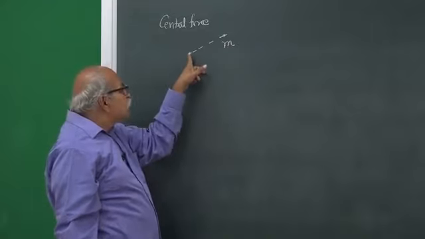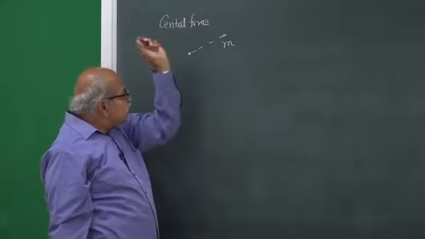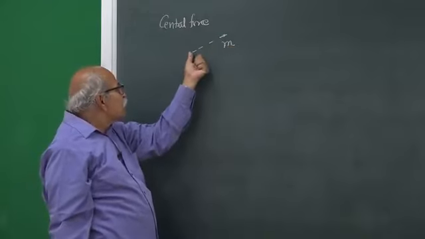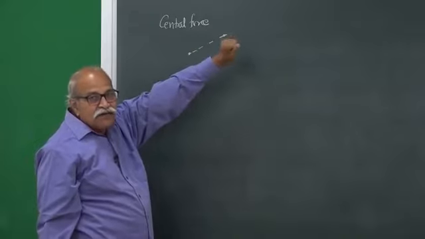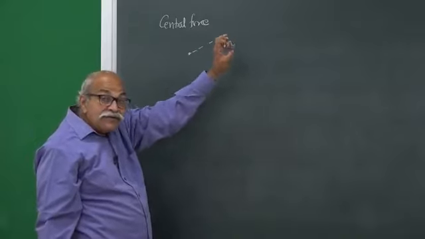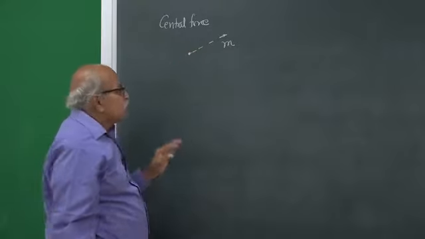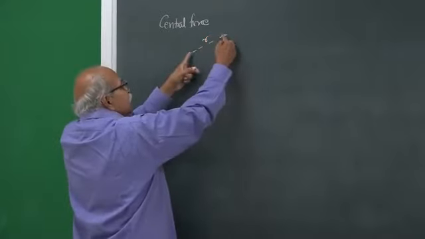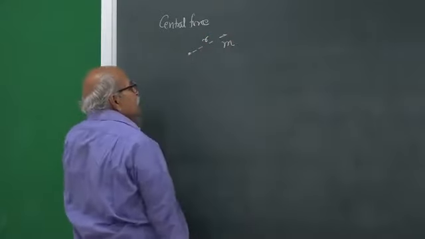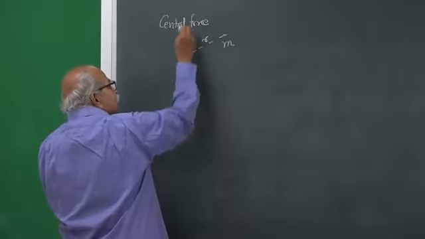So, you have a fixed point, the particle can go anywhere in the whole space, but wherever it is, you join the origin with that position of the particle, the force on the particle will be along that line, either towards the center or away from the center. And then the magnitude of the force depends only on this distance from this fixed point. If that happens, we call that force a central force.